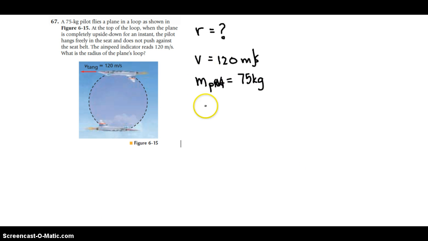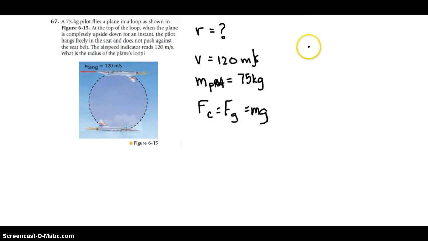In this case, we have to consider our centripetal acceleration. Keeping that pilot in the circle is going to be our force of gravity, or our weight, which is equal to mg. Now the reason we don't consider the normal force, and in this case only the gravity, keeping the pilot in that circle at the top of this path, is because the pilot is in free fall according to the question, and the plane is not pushing against the pilot.